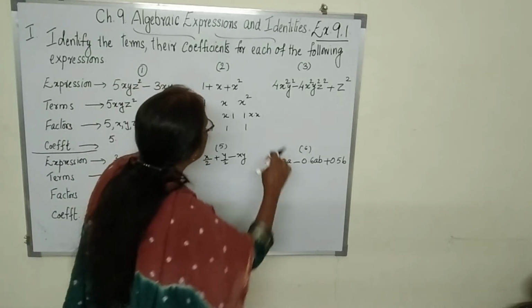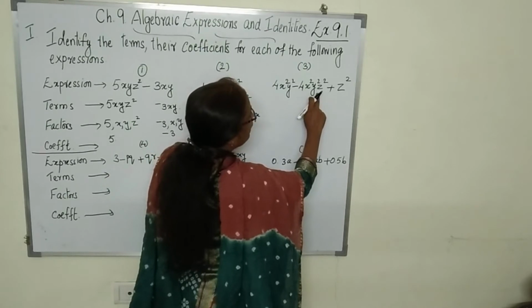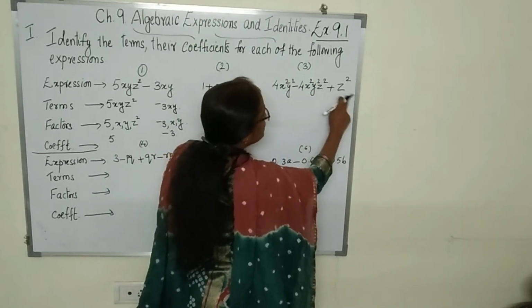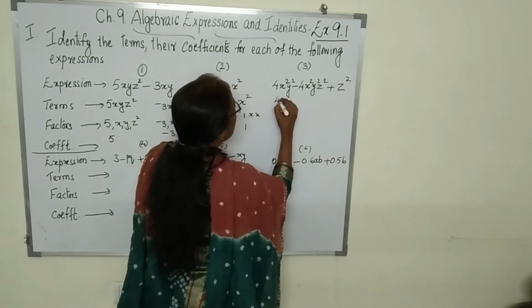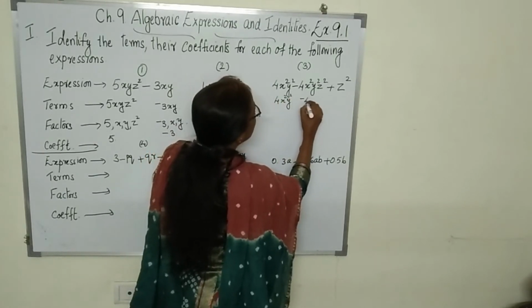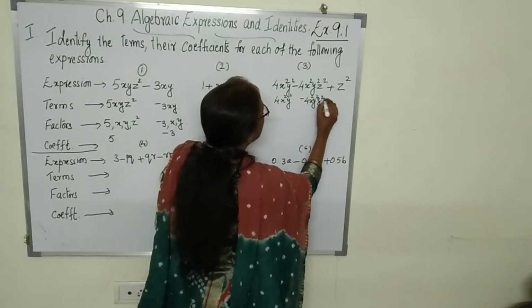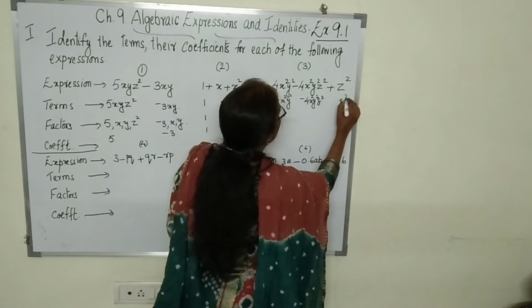Now here you see 4x square y square minus 4x square y square z square plus z square. So the terms are 4x square y square, then minus 4x square y square z square and z square.